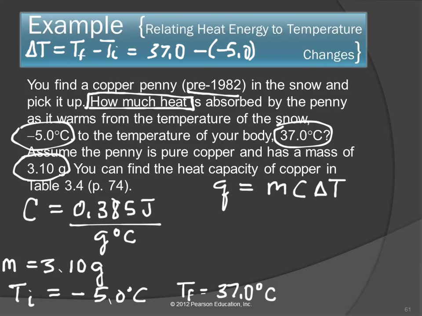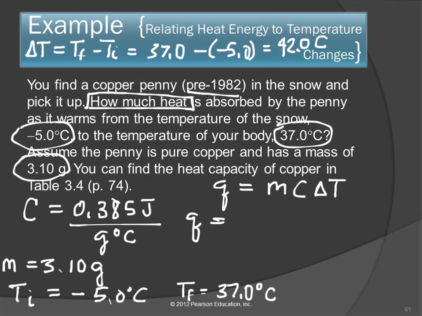And that ends up being 42. Does that make sense? Now we have M, C, and delta T. We're just going to put them all together.